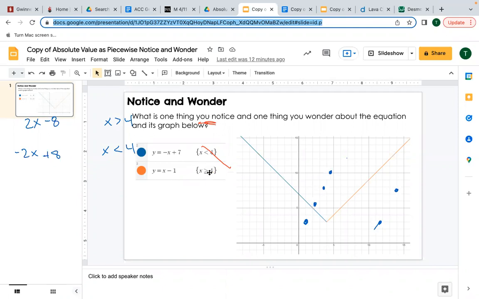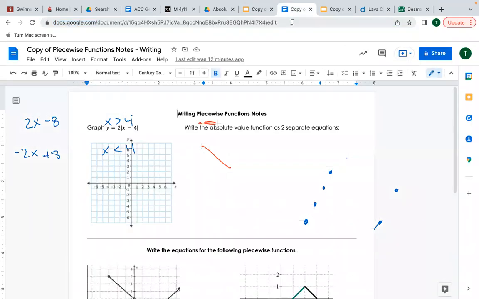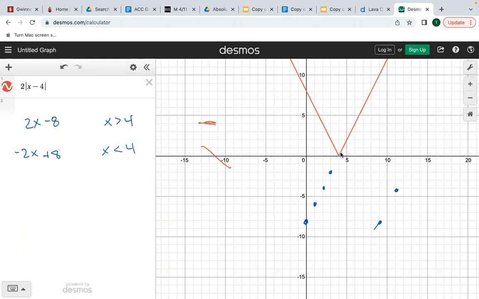But this one is the one that they picked. I would normally pick the one that's continuing to the right side, so the greater than. So this one right here, I would put an underline. One of them has to be equal to if there is a point at that spot.